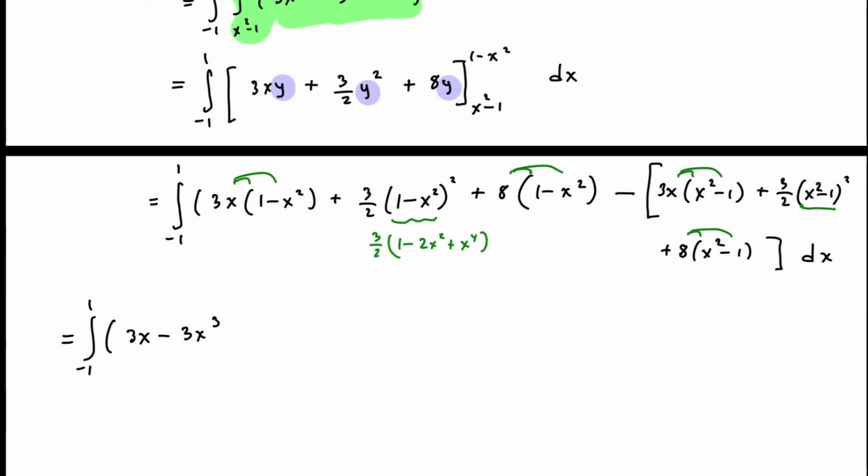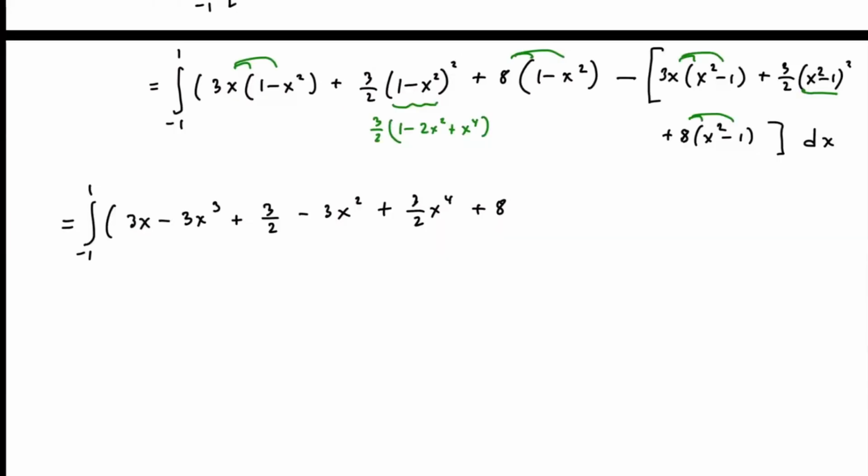So this will give me positive 3 over 2, and then minus 3x squared, the 2 cancels out, and then plus 3 over 2 x to the 4th. Now the last term, if I distribute 8 to the negative x squared, that will give me negative 8x squared.